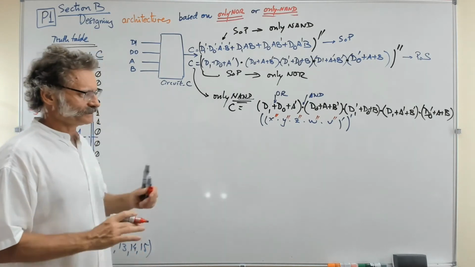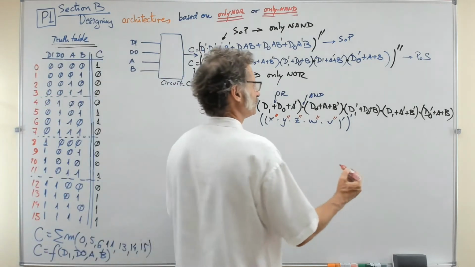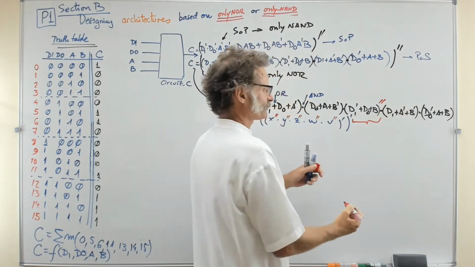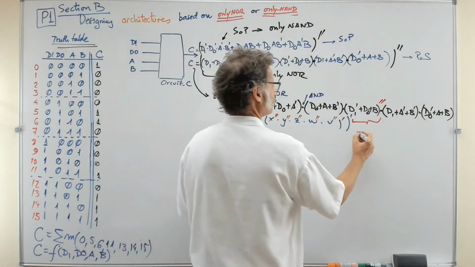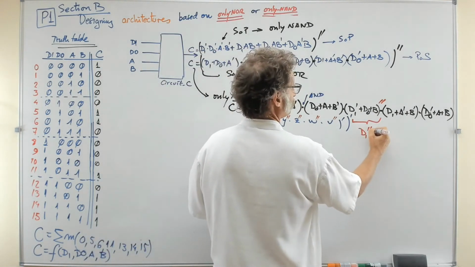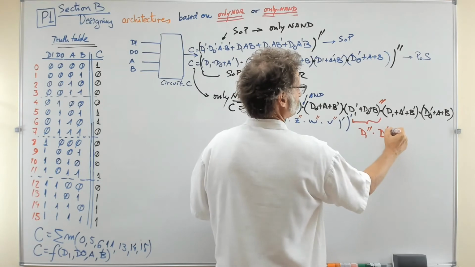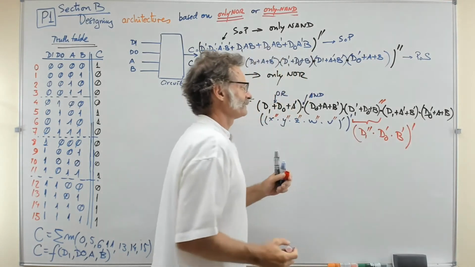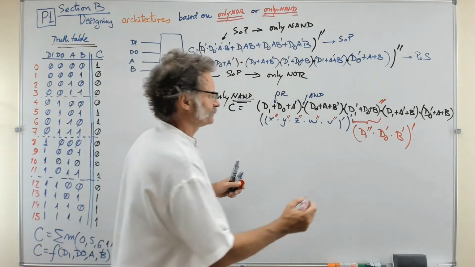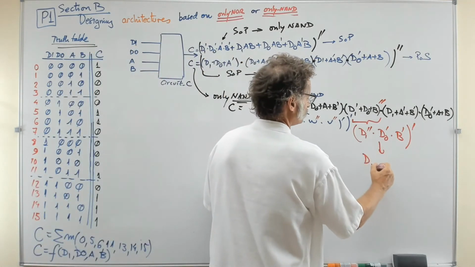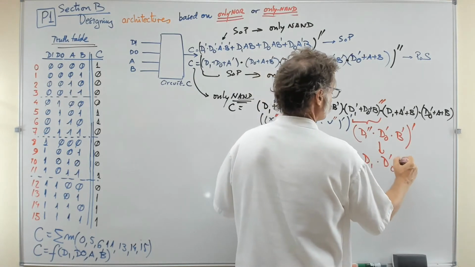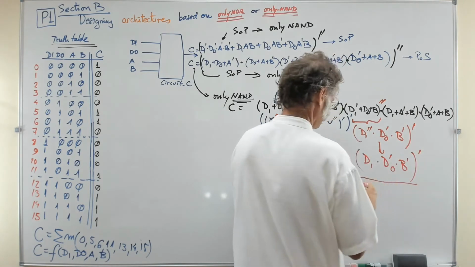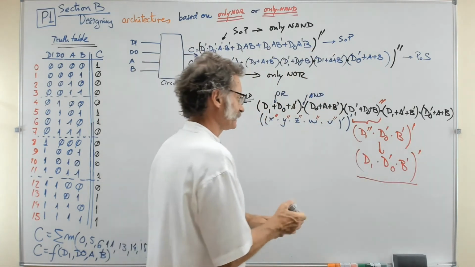Logically it's exactly the same expression. But now, if you do that not not, what is left from this factor is exactly D1 not, not, and D0 not, and B not, and a single final not. So what is this if not D1 and D0 not, B not? What is this if not another NAND?